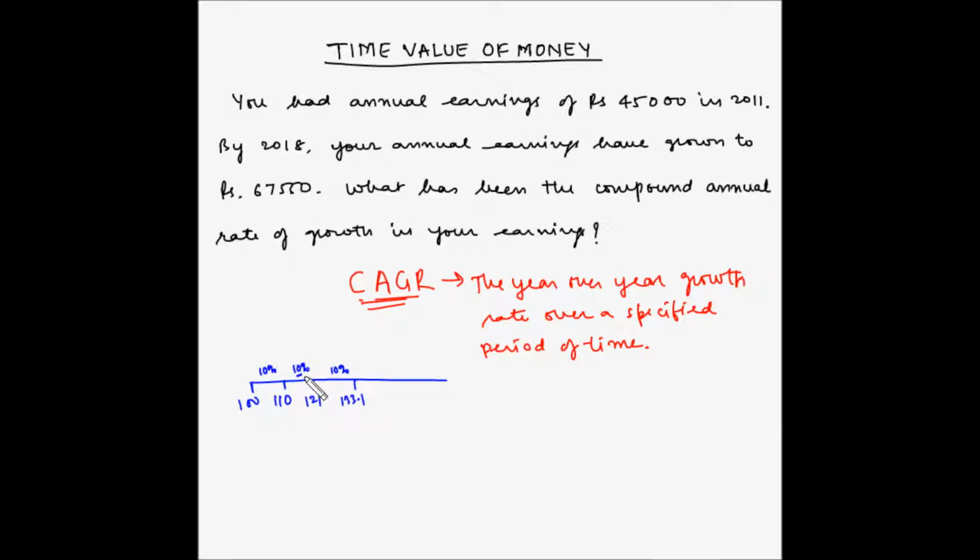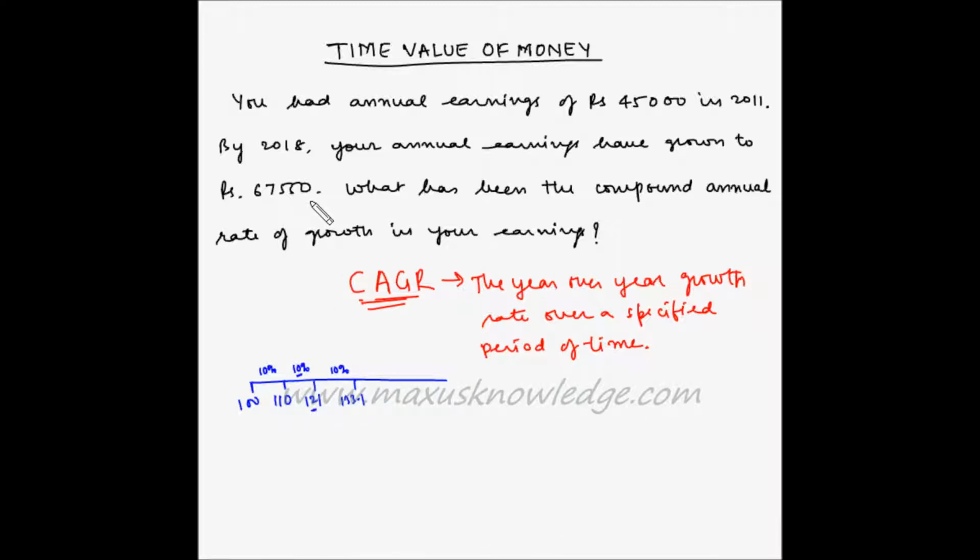So this 10% is the compound annual growth rate. So we had 10% on 100 and then we got 110. And then this 10% was not calculated on the original investment but calculated on the total at the end of the previous year. Similarly, this 10% was calculated on the total at the end of the previous year and so on.